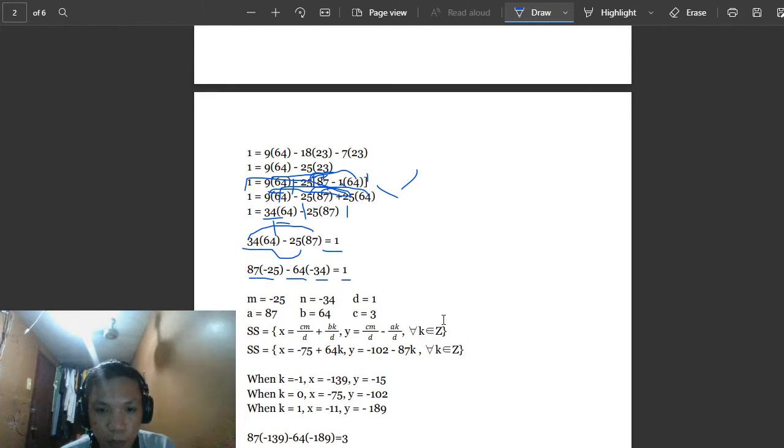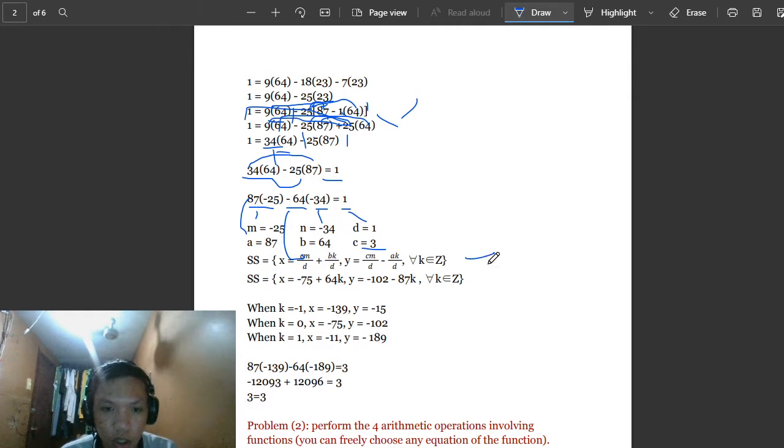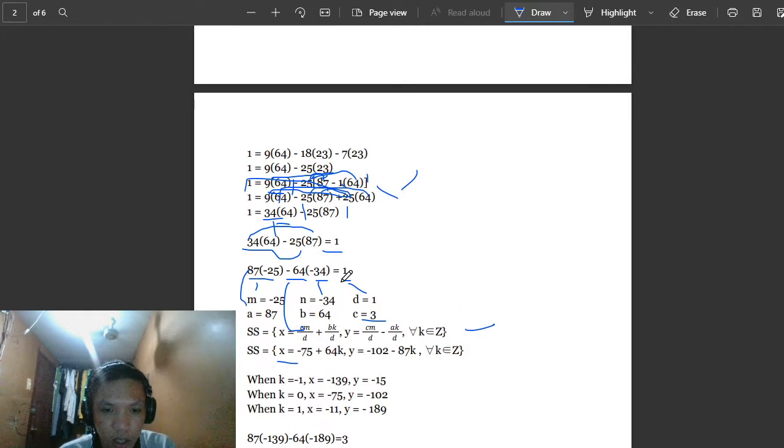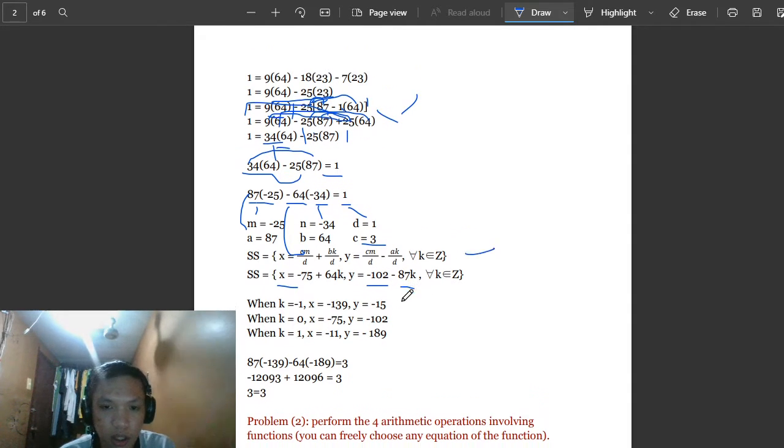At the last part, we transfer: m equals negative 35, n equals negative 34, d equals 1, a equals 87, b equals 64, and c equals 3. Solution set: x equals negative 75 plus 64k, y equals negative 102 minus 87k.